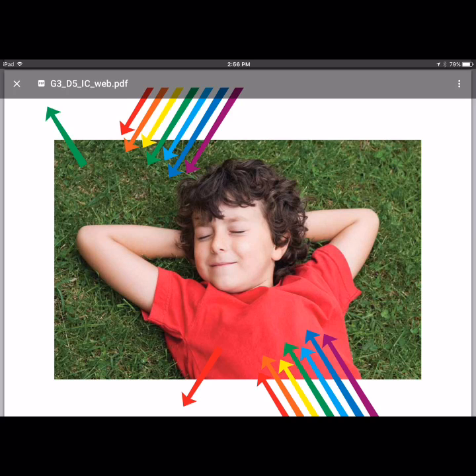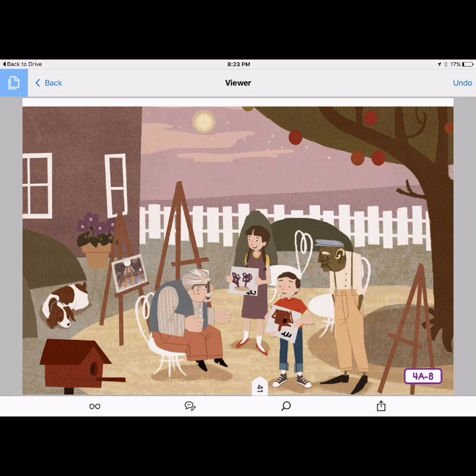Okay, now let's do a little think, pair, share. Let's think about the house as the sun is going down. In a completely dark room, is it possible to see colors? Why or why not? Don't share with your neighbor yet.